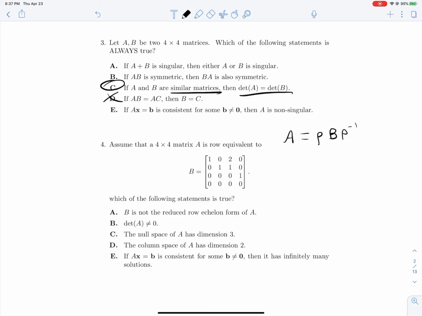E, if AX equals B is consistent for some B not equal to 0, then A is non-singular. Well, that's not necessarily true, because let's think about a transformation that takes in all of R3 and spits out a plane in R2. So we've gone from R3 to a plane in R2, so you can think about the number of pivots our transformation matrix must have.